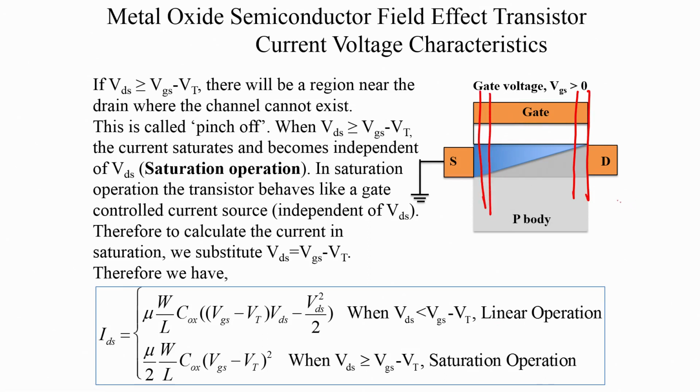So, what is the MOS capacitor in this region first? That is the one we used for all the analysis. You have a gate, insulator, semiconductor. What is the channel potential here?